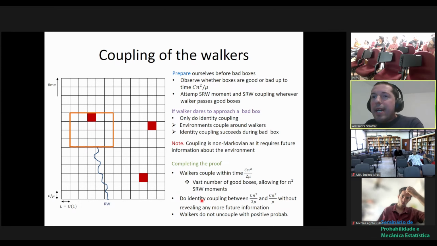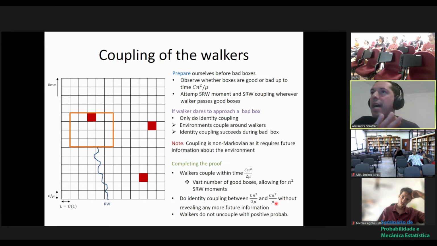Right? But the problem is that you reveal the environment, and the environment may not even be coupled at that time. So what we do, from half of the time to the end of the time, from Cn² over 2μ to Cn² over μ, is just identity coupling without revealing anything else from the environment.